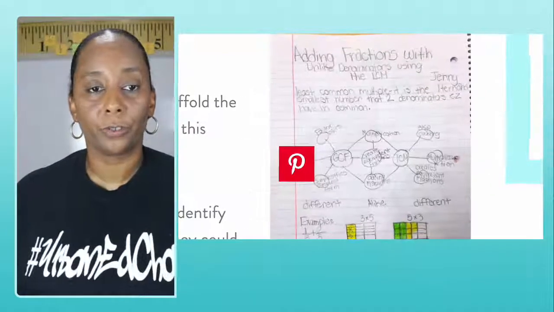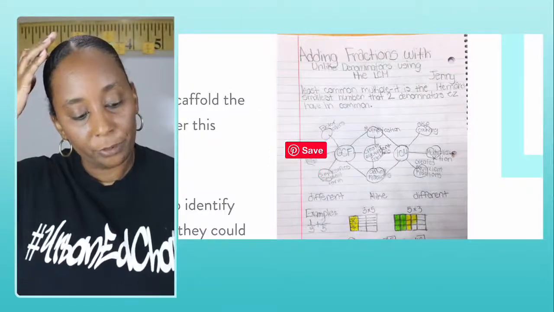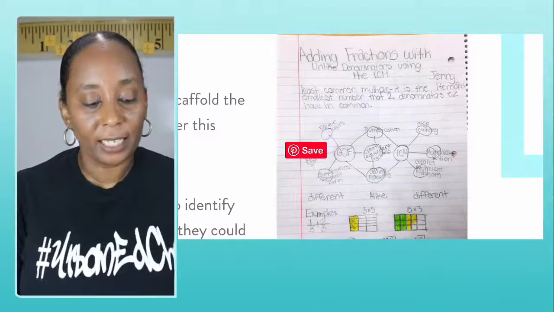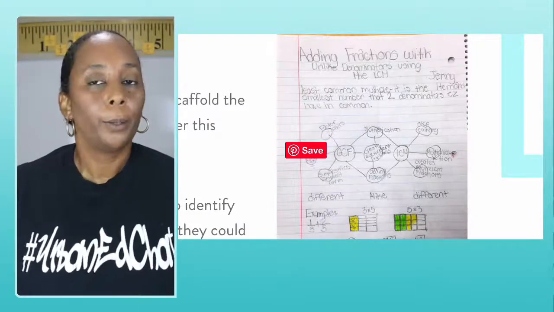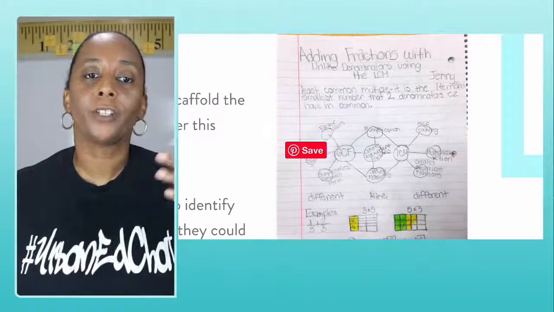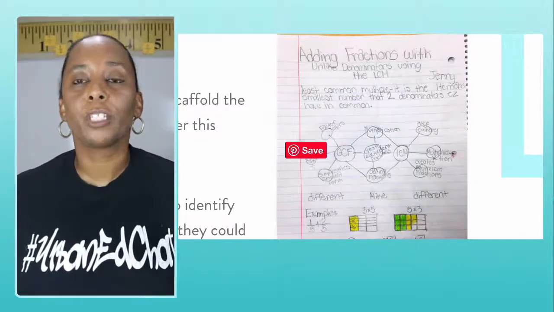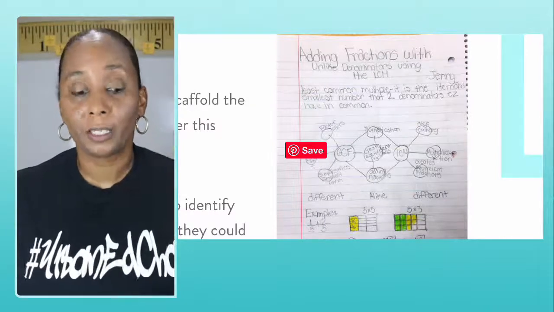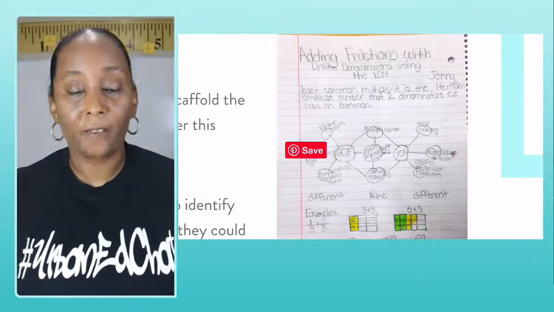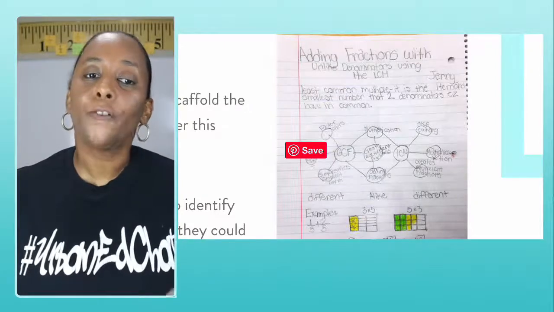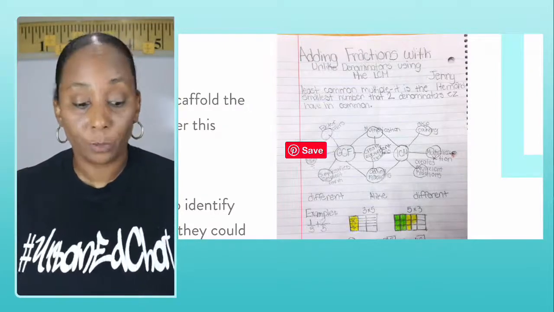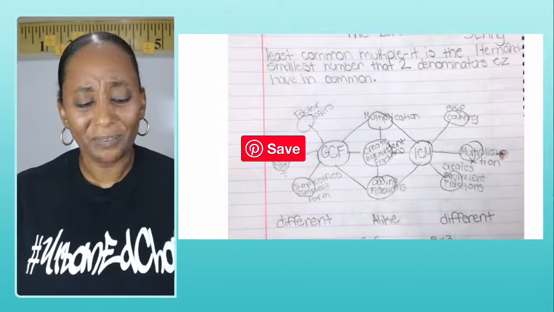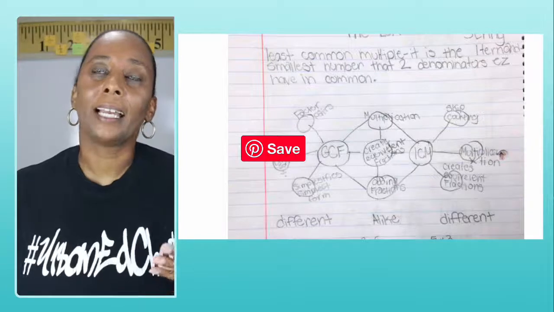If you look in this picture, I don't know why the Pinterest thing is coming up, they're comparing the LCM to the GCF. Because if you've taught fifth grade, you know that that is a confusing term. It's really a common misconception. But if you have them compare them with a double bubble map, I don't use the Venn diagram, because the Venn diagram is not as explicit.